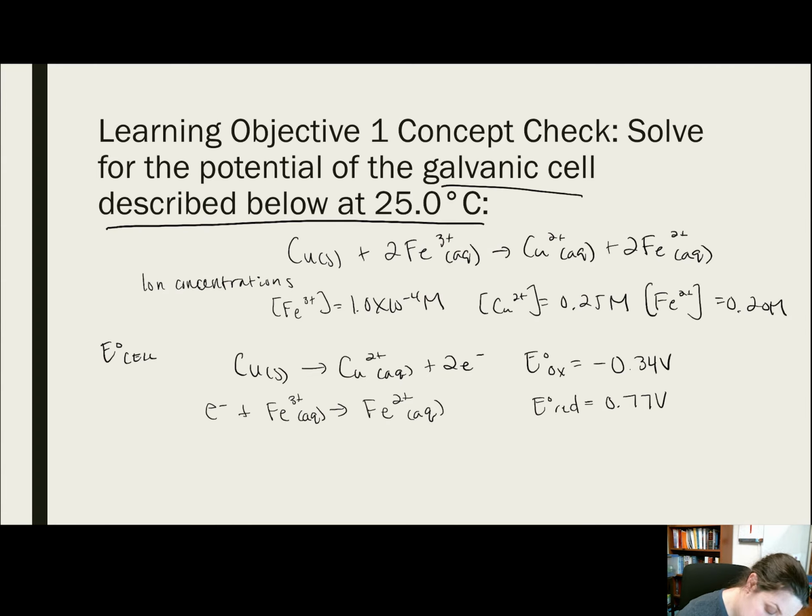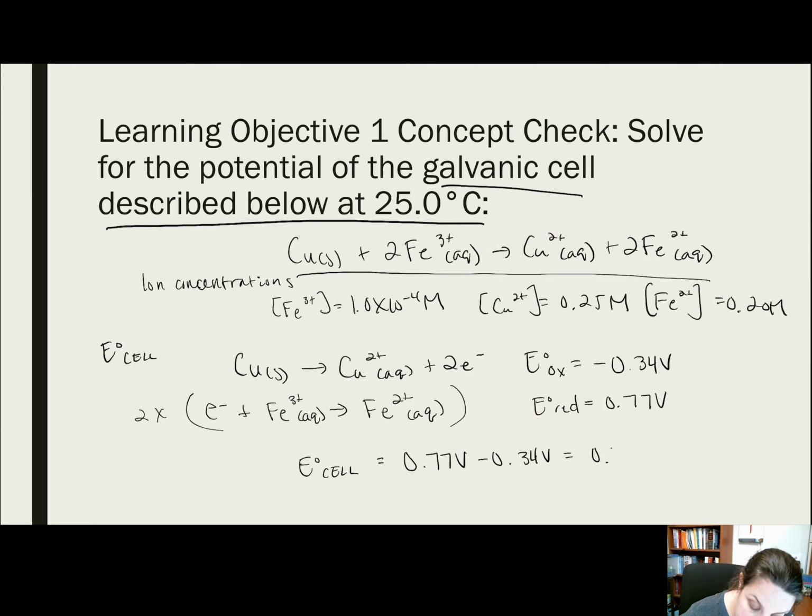And we can multiply this by 2 if we so choose in order to get this equation. But it will not make a difference to our E cell, which would be equal to our oxidation potential plus our reduction potential, which gives us a value of 0.43 volts.